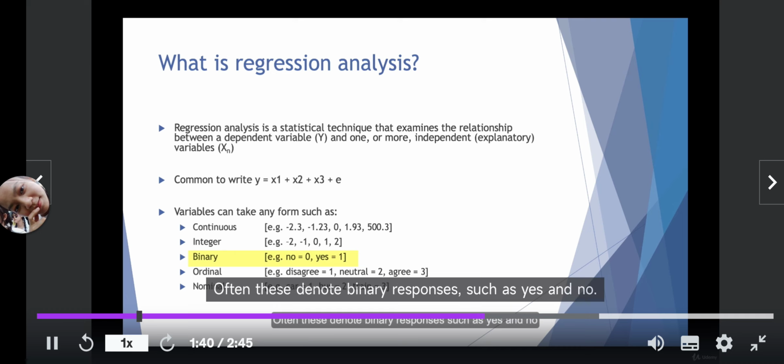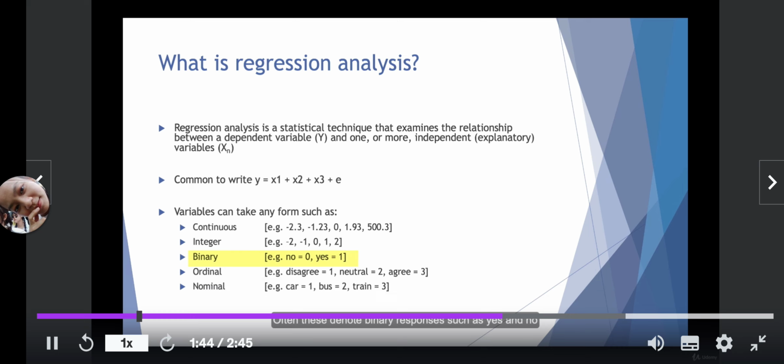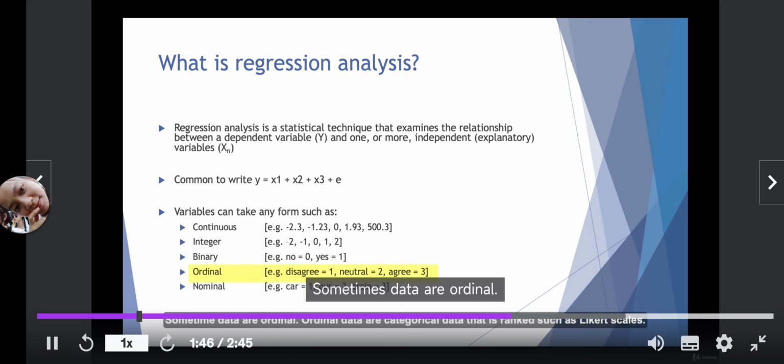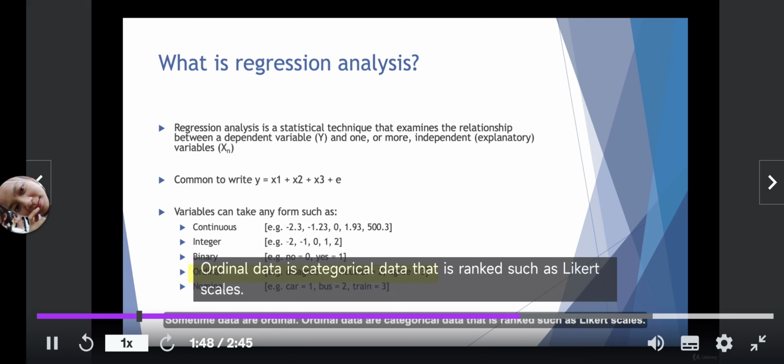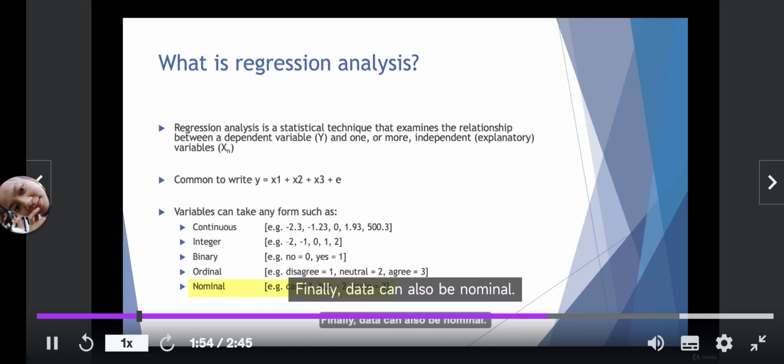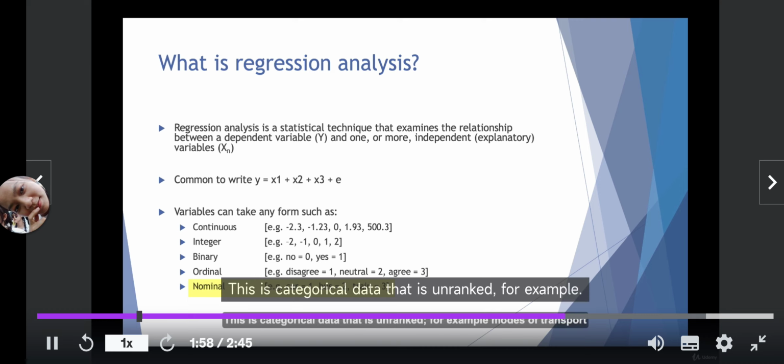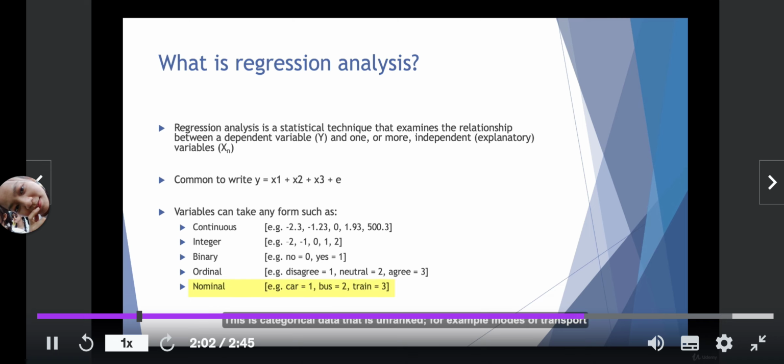Often these denote binary responses, such as yes and no. Sometimes data are ordinal. Ordinal data is categorical data that is ranked, such as Likert scales. Finally, data can also be nominal. This is categorical data that is unranked, for example, modes of transport.